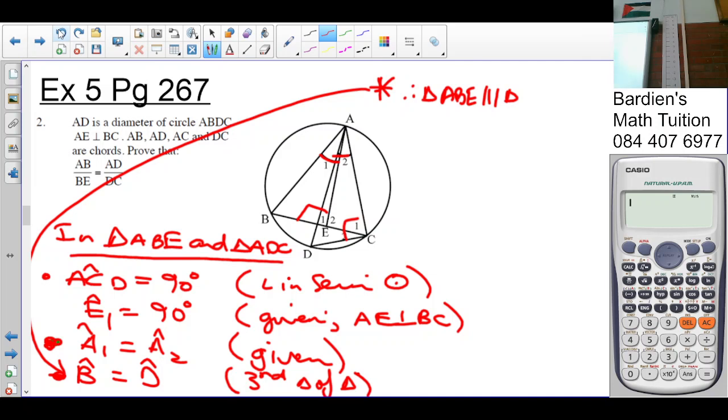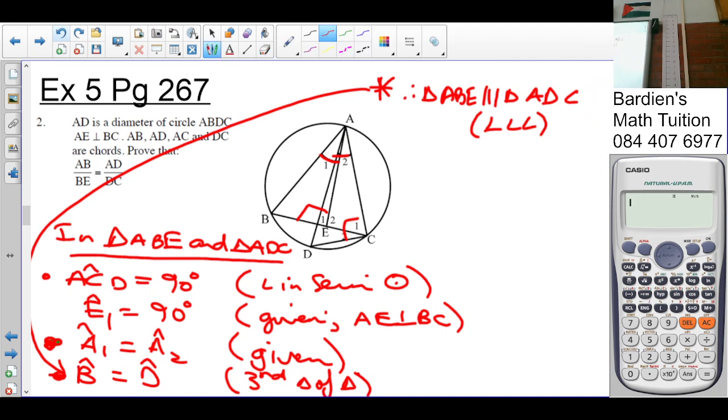A. So it's going to be A here. B of this triangle is equal to what of the other triangle? D. And then E of this triangle is equal to angle ACD, which is angle C of that triangle. Not so? And the reason is angle. Okay? You guys understand?